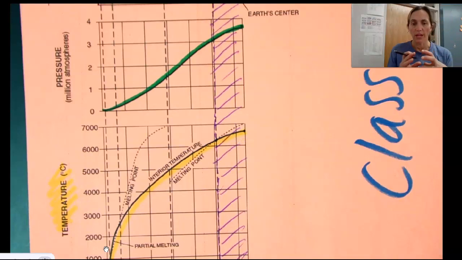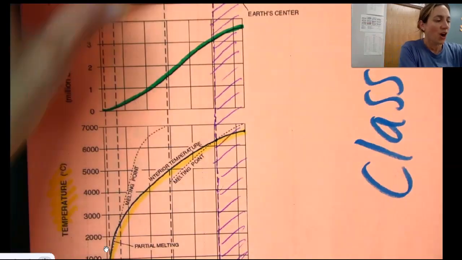So the core of our planet is like a giant ball of iron and nickel, solid. And that's what's responsible for our magnetosphere, which protects us from solar radiation. All right, we'll talk about that someday. Fun facts.